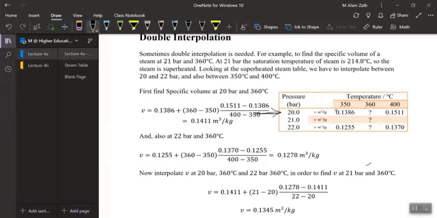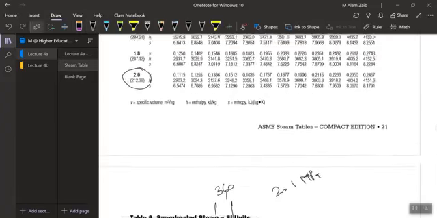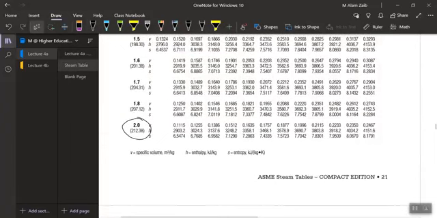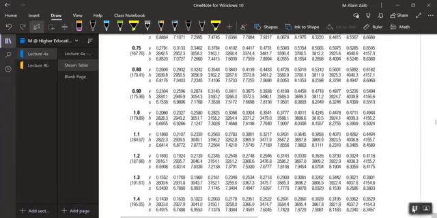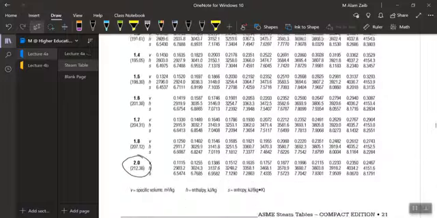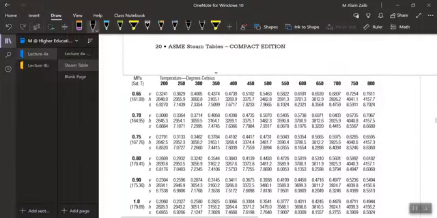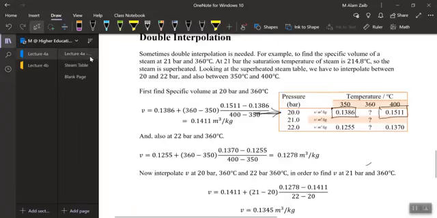Corresponding to that 2.0 megapascal, I have a volume at 350 and a volume at 400, but I do not have a volume at 360.